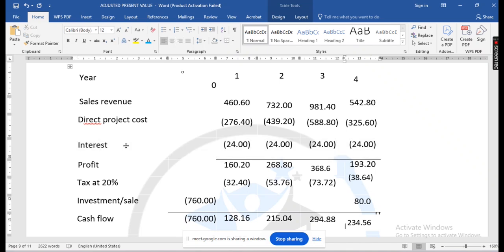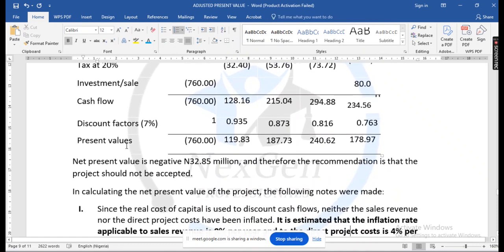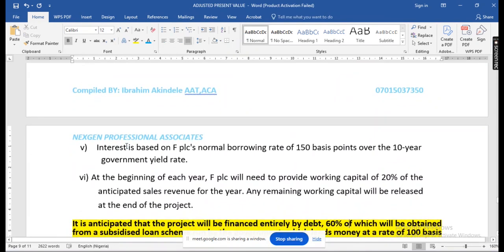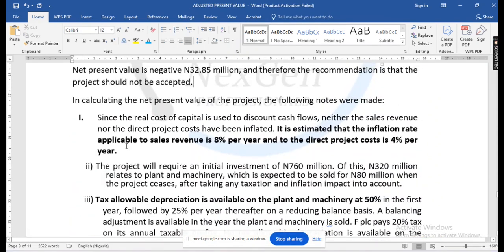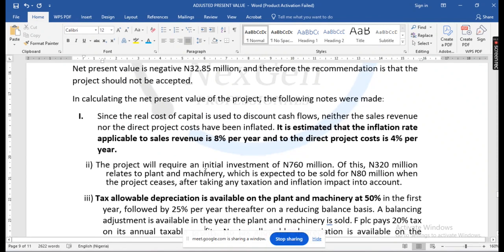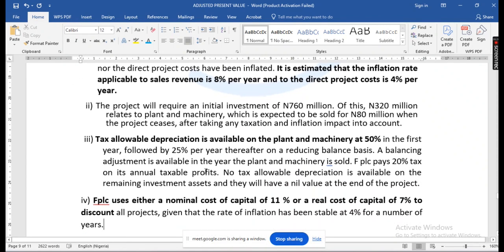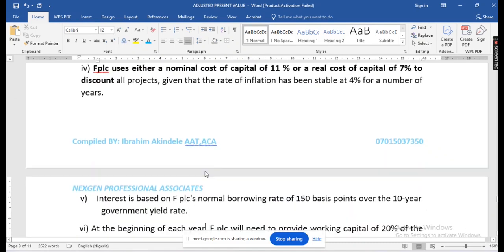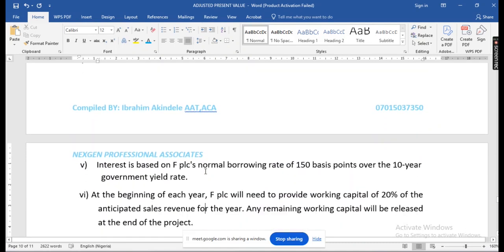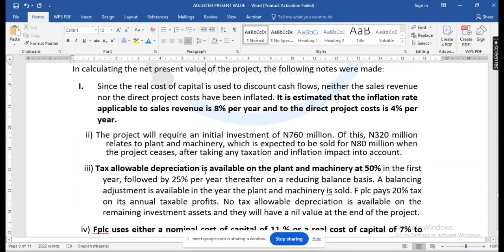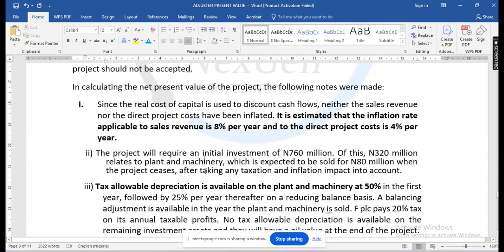After that, we have profits. In this case, aside from working capital, we don't have any other thing: our investments, tax savings on capital allowance, and working capital. These are the things that we need.